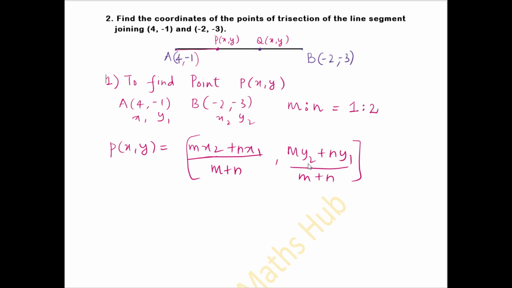Students, what do you mean by trisection? Trisection is nothing but a line segment divided into 3 equal parts. The points P and Q are the points of trisection. The point P divides the line segment in the ratio 1:2, whereas the point Q divides the line AB in the ratio 2:1.